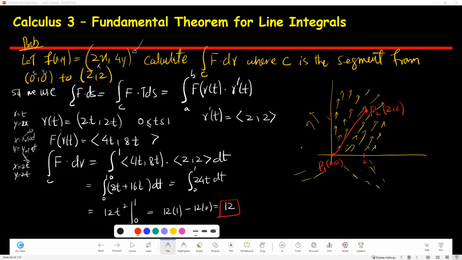Okay, now I'm going to apply the fundamental theorem of line integrals and see how it goes. Since I don't need a lot of space, I'm going to do my line integral here.